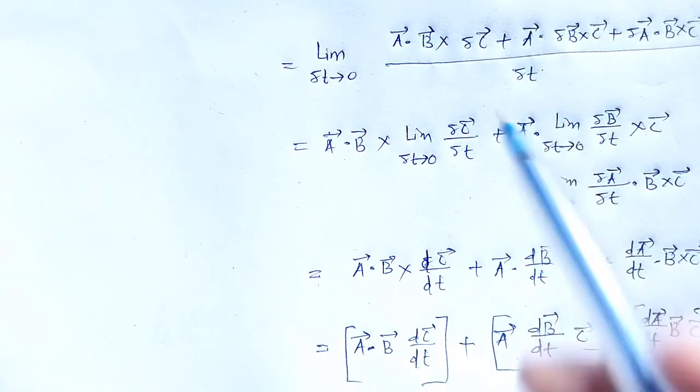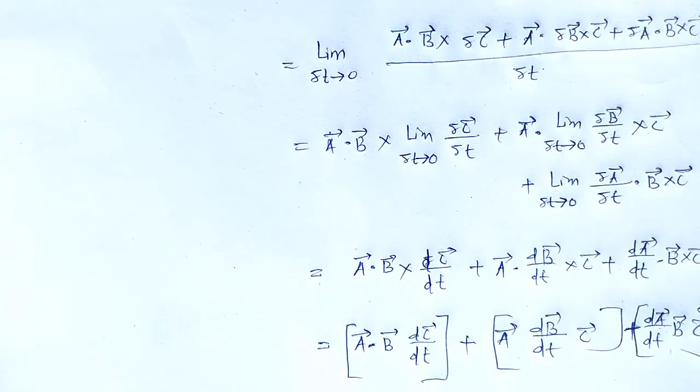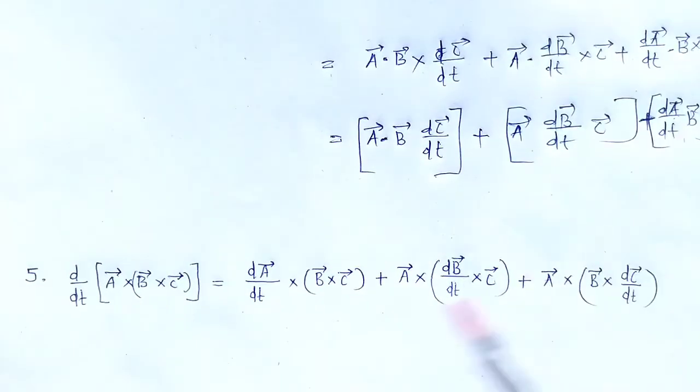That's why we proved d/dt of [a b c], that is a · (b × c), and the result is this much.